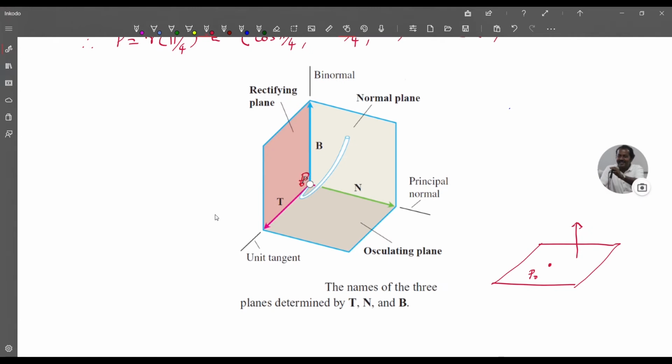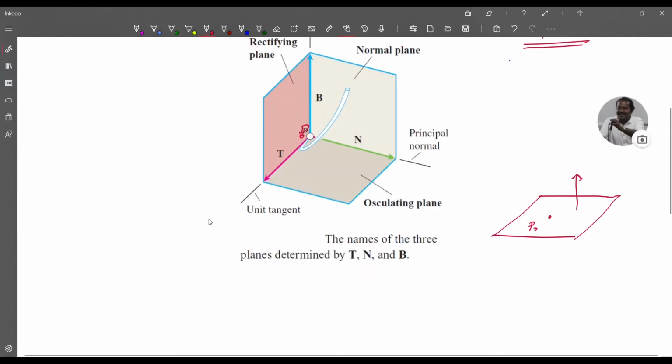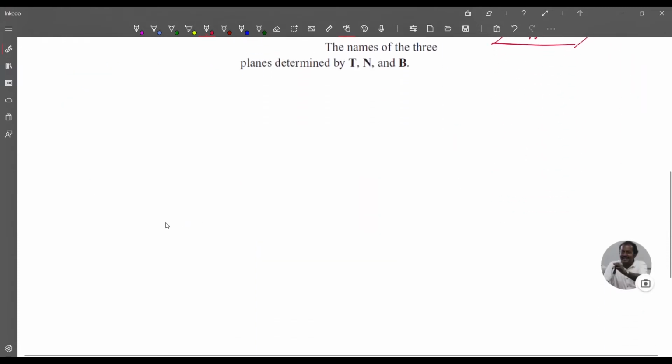P naught is 1 by root 2, 1 by root 2, minus 1. So we find one by one, starting with the osculating plane.